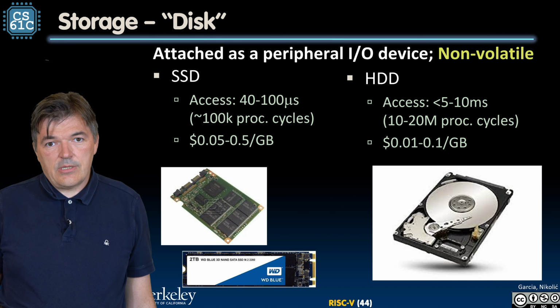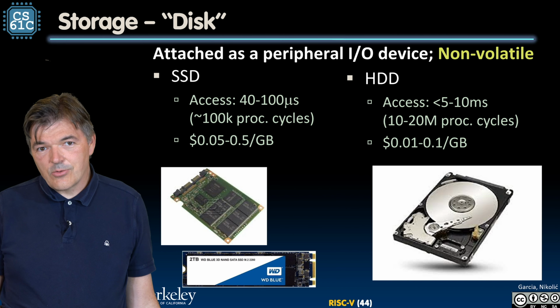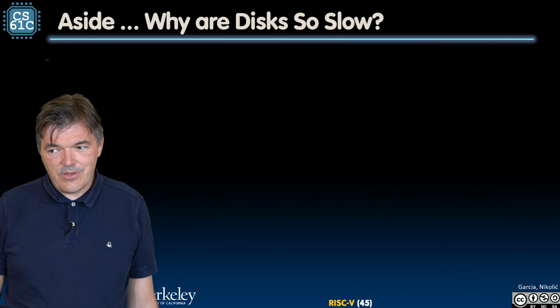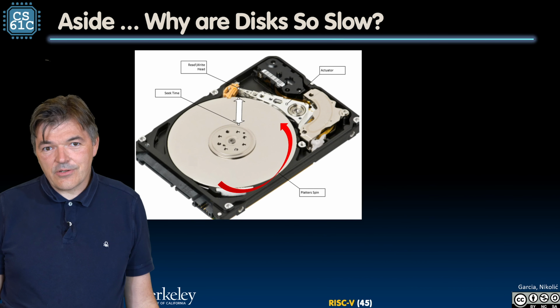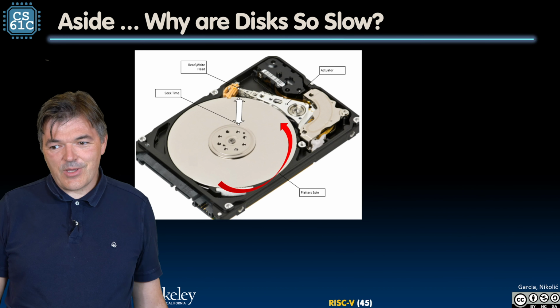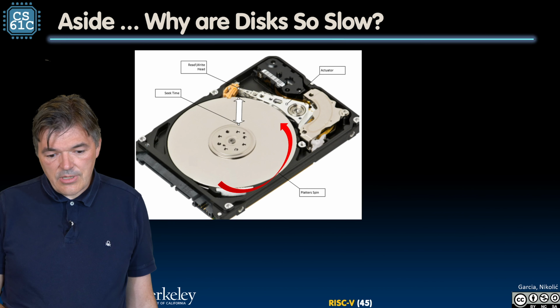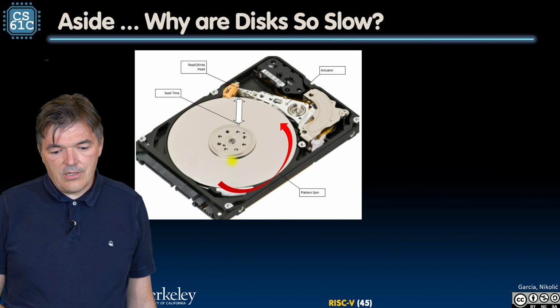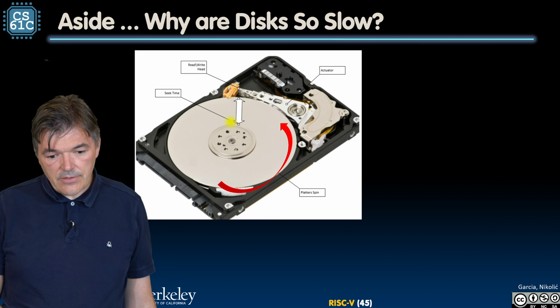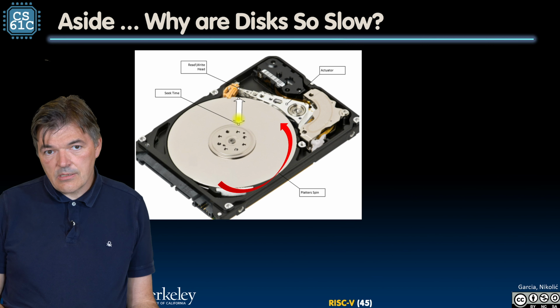A few notes about disk drives, and why they are so slow and why data is so cheap there. The disks are mostly mechanical, very sophisticated electromechanical systems that store data in iron oxide, like rust. There is a platter that is spinning, and there is a mechanical arm that flies over that surface and magnetizes the surface to store the data.